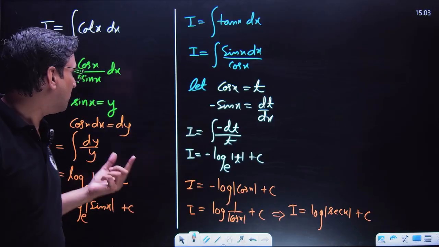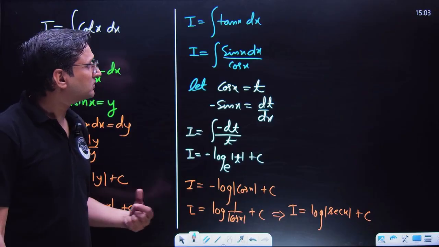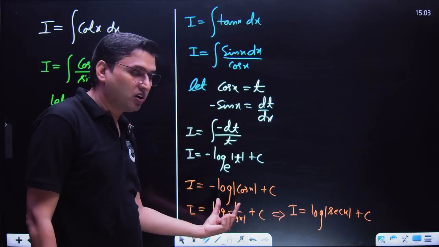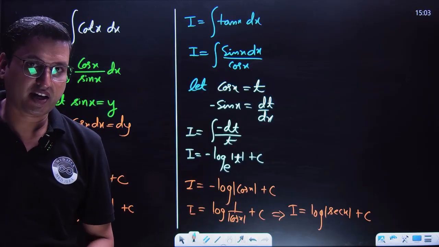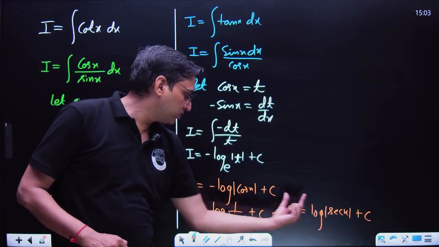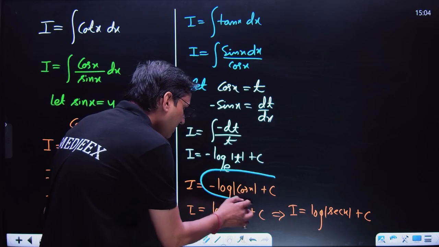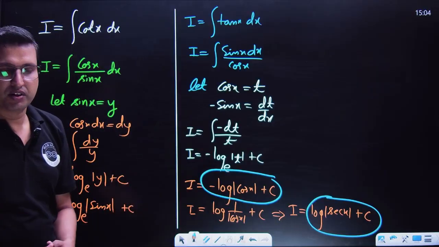Y is simply my sin x, just mentioned over here. In a similar way, integration of tan x is nothing but either log of sec x or minus log cos x, which are both written. Both answers can be utilized with simple manipulation.